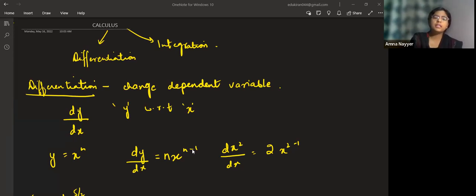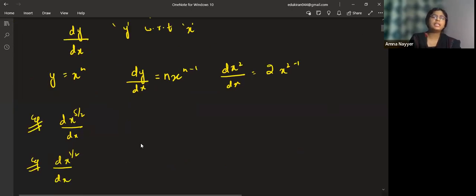The power gets reduced by 1 and the power comes out as a constant term. For example, you have x square. So 2 minus 1 will be there in the power and this 2 comes out, which is the constant. Similarly, let's say I have to differentiate x to the power 5 by 2. 5 by 2 is the constant, so I'll bring it out. x to the power 5 by 2 is left now. Subtract 1 from the power.